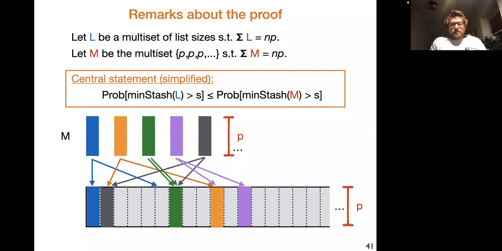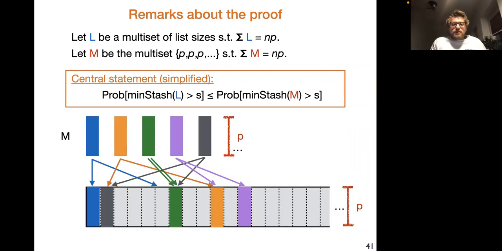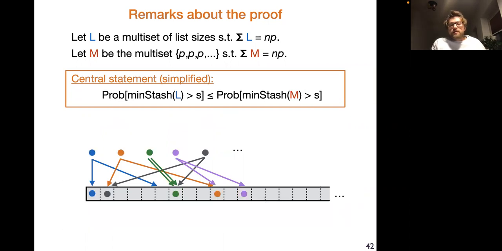And in fact, this is the situation with our multiset M. If we scale this by a factor P, we have items of size 1 and bins that each can store up to one identifier, and for each ball we have 2 choices, and we can optimize the solution.